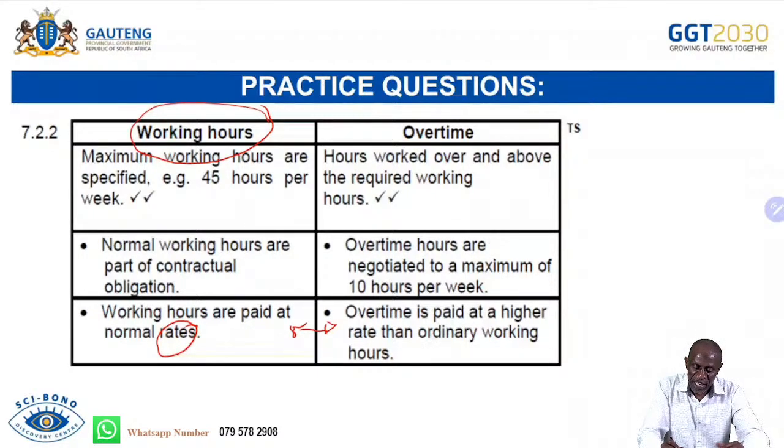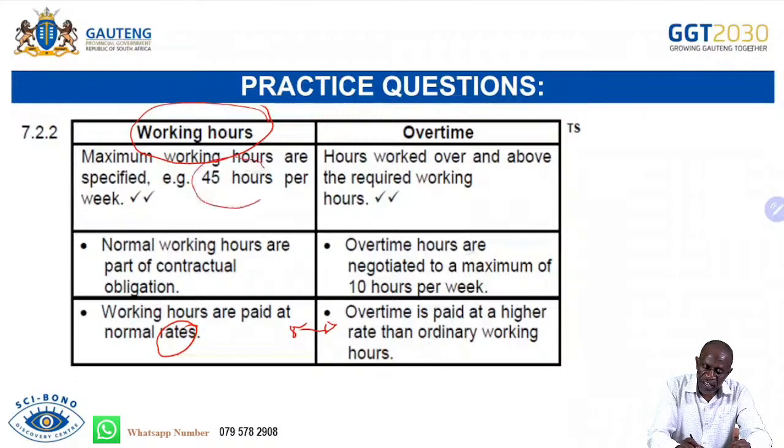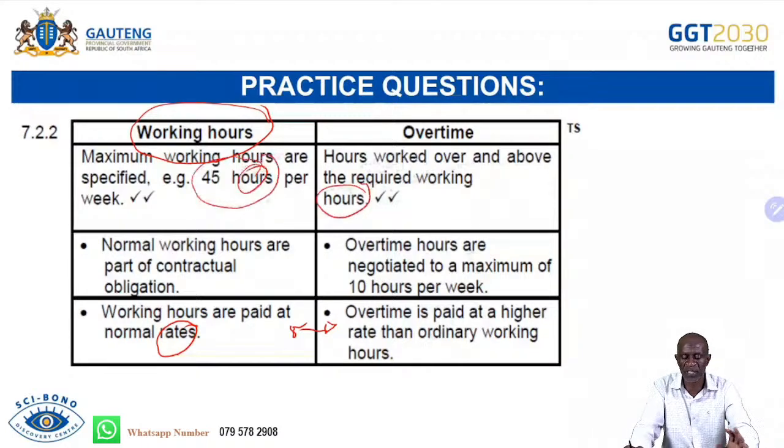And if you are explaining the concept, you must stick to the explanation. Here, for example, the 45 hours, which you are obliged. So hours worked above normal time. So here we are giving our reason based on the time or the period that you are allocated to execute your functions.